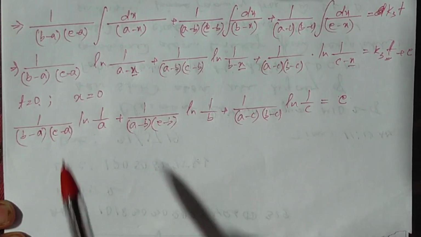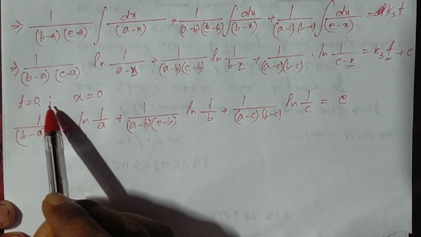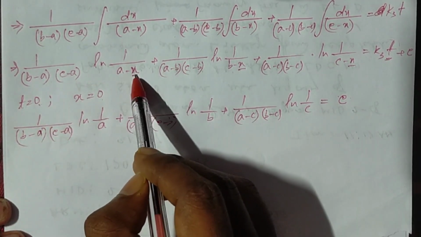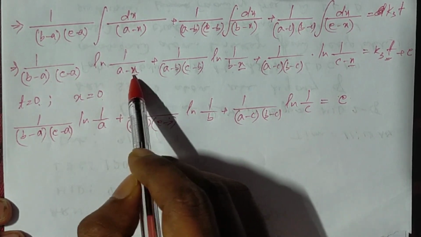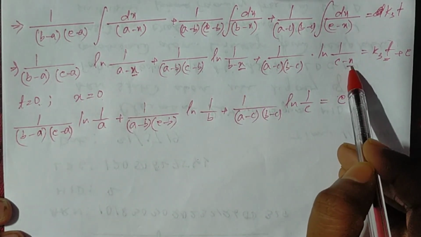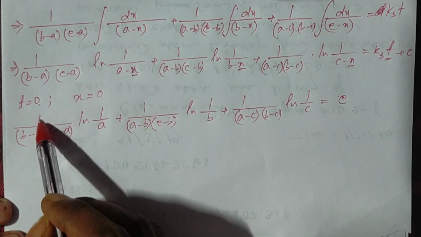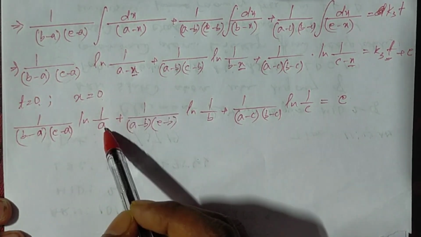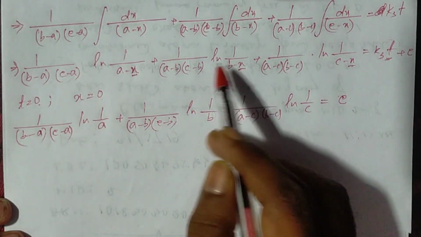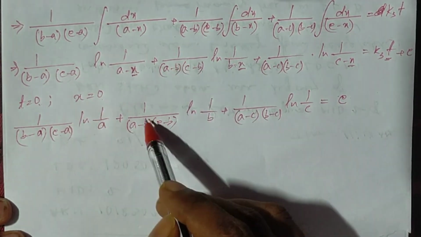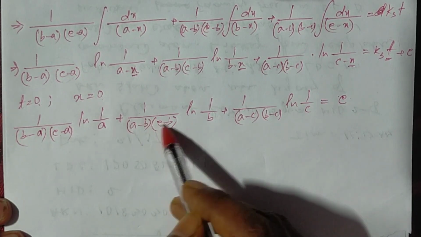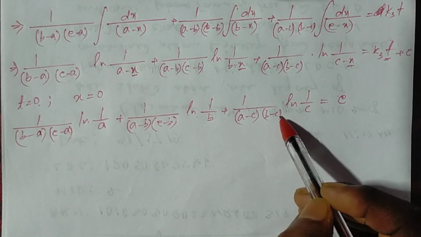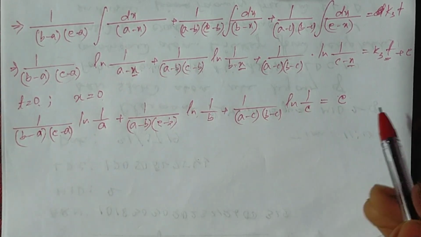Okay. So at the initial state, when t is 0, x will be 0. So x will be 0 in each term, and only 1 by (B minus A)(C minus A) with ln 1 by A will remain here. In this case also, 1 by (A minus B)(C minus B) with ln 1 by B will remain here.